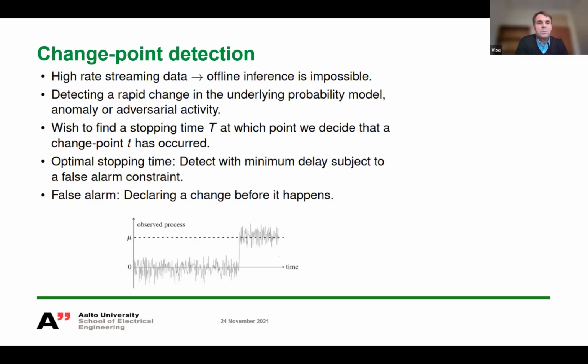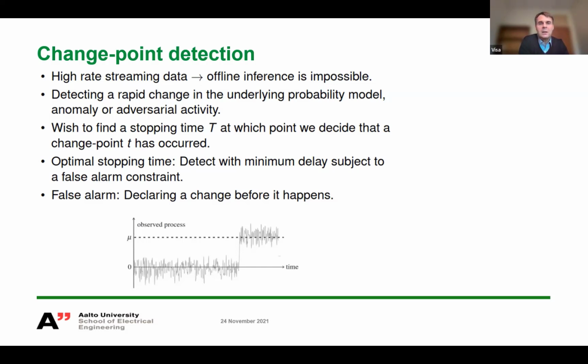What change-point detection wants to do is find a stopping time, denoted by capital T, at which point we decide that the change has taken place at some earlier time instance, small t.